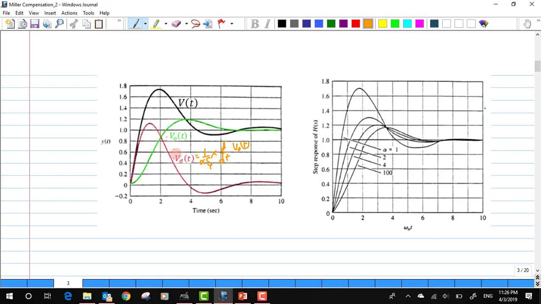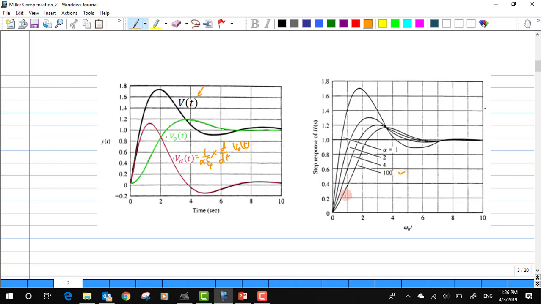Now when we add both these quantities, we get a total response defined as V of t, and this is what would happen. And the graph shown towards the right reflects what would happen when we had a value of alpha equal to 1, and for the value of alpha being increased all the way to 100.